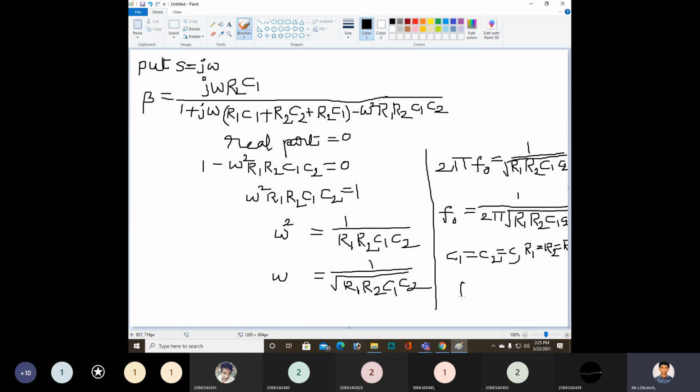What you will get, f naught is equal to 1 by 2 pi RC. Up to now clear? Respond. So f naught is equal to 1 by 2 pi RC.